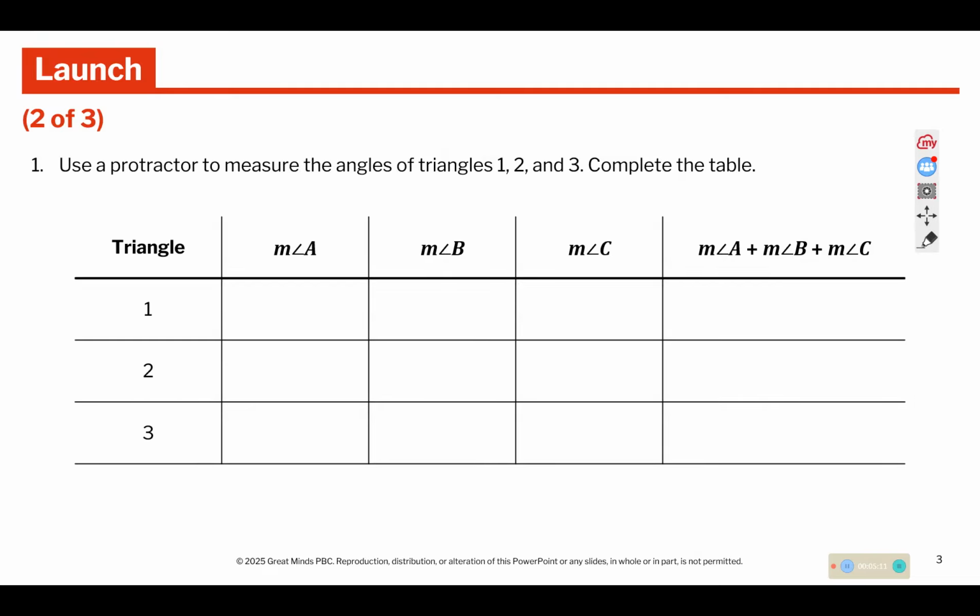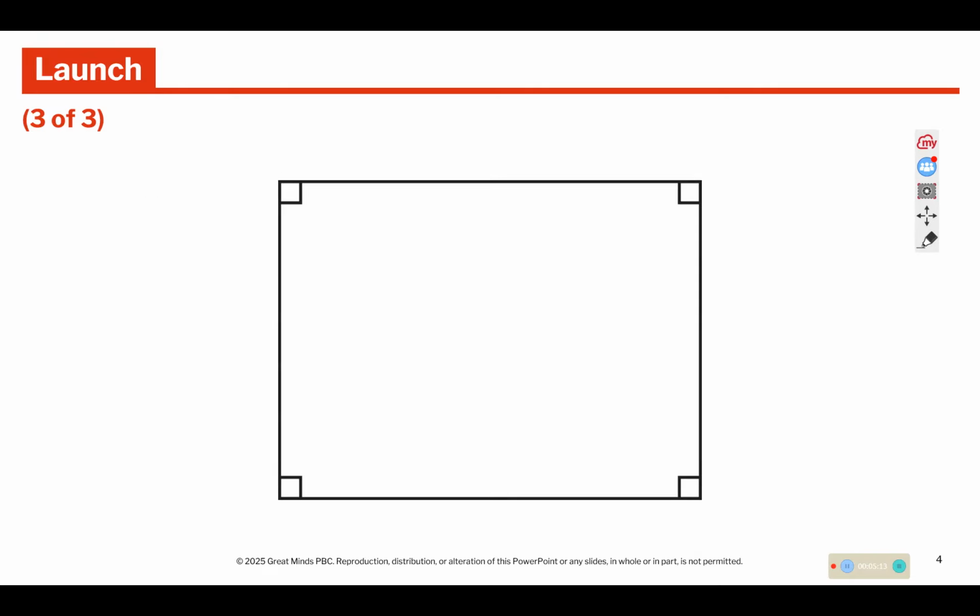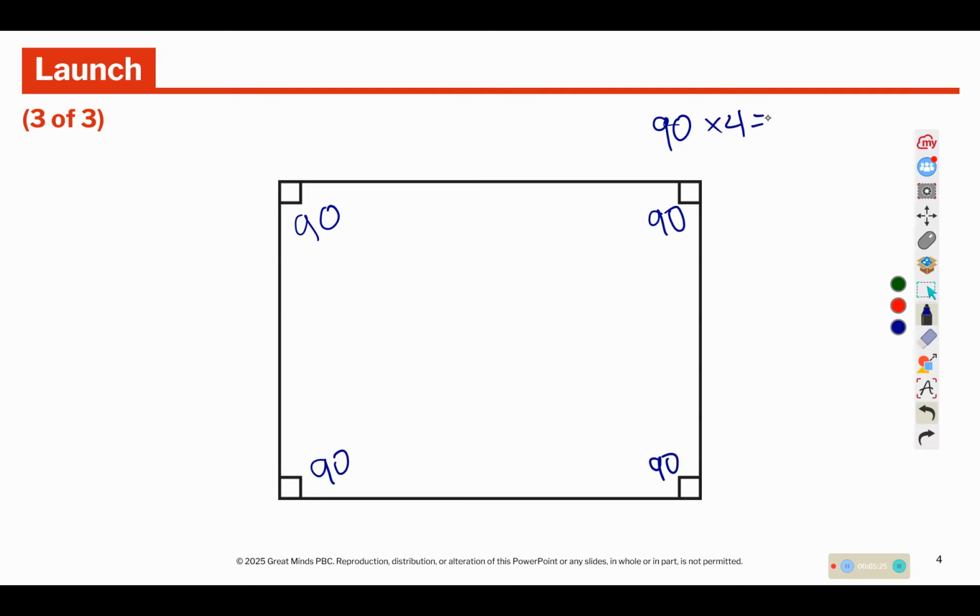You should have all 3 rows of your table completed. If we think about a rectangle, in a rectangle, all angles are 90. So the total in a rectangle is 360 degrees.